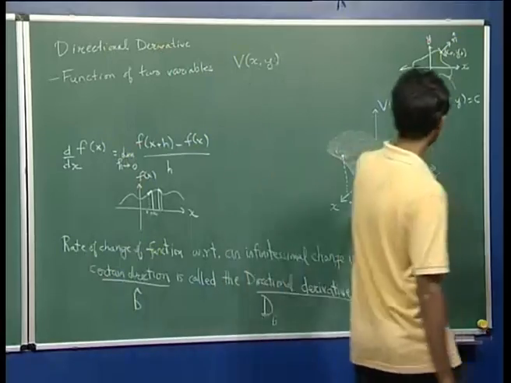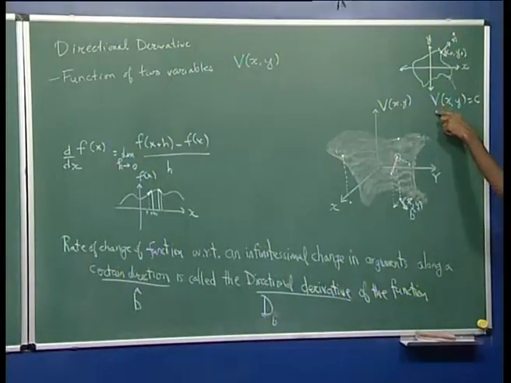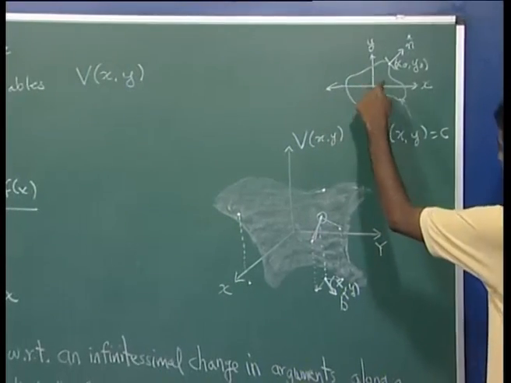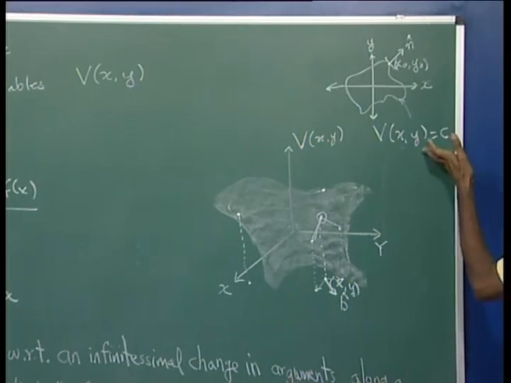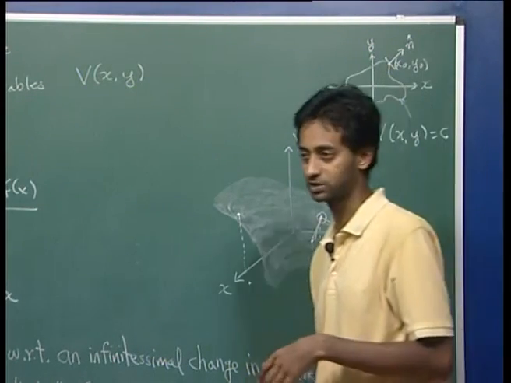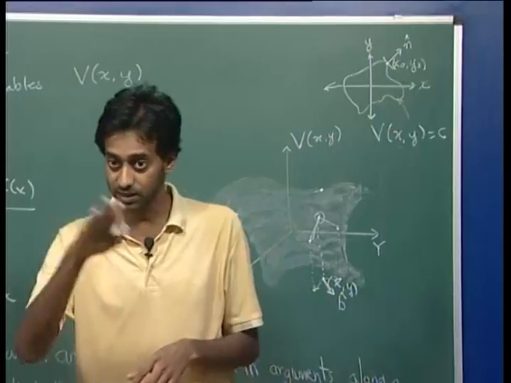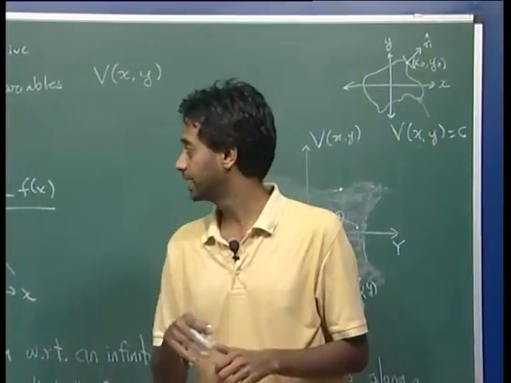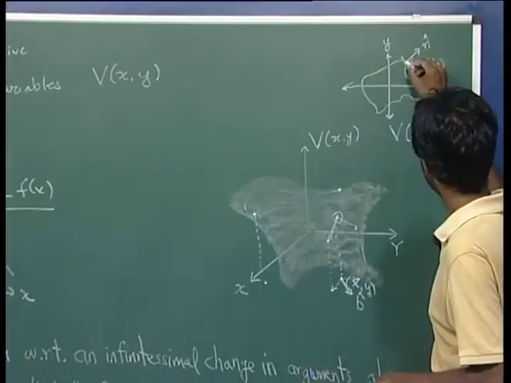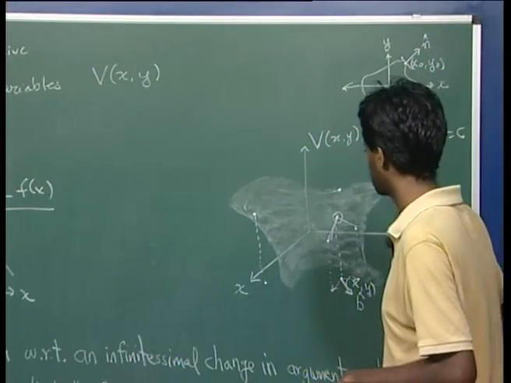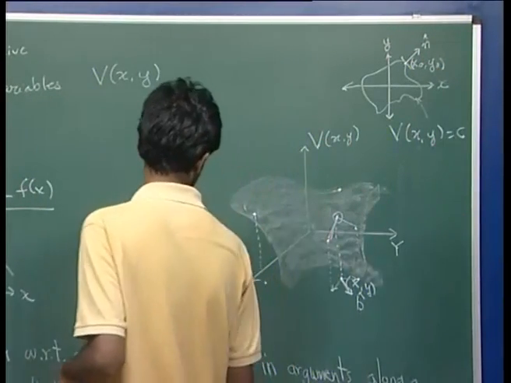So, in 2 dimensions, a surface where V of x, y is constant is given by a curve in this x-y plane. It is just a function of x, y, so you have some function of x, y equal to constant. So, it's a curve in the x-y plane, and at any point you can draw a normal to this curve, which will also be in the x-y plane, and that is the direction of the gradient.